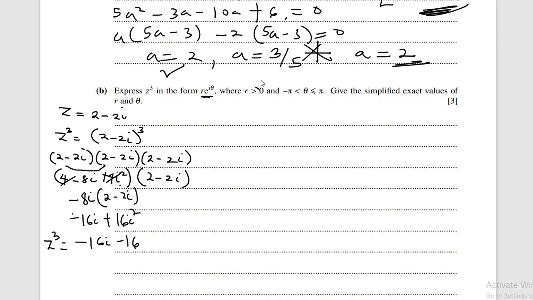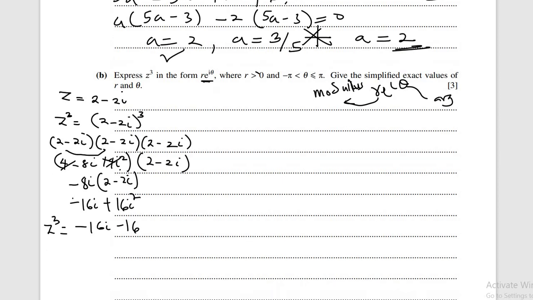Now, it said you have to put it in this form, r e to the i theta. This r is the modulus, and this theta is the argument. Now let's find the modulus first.